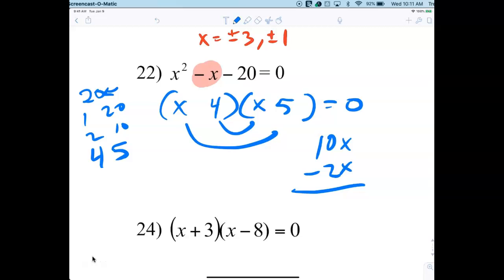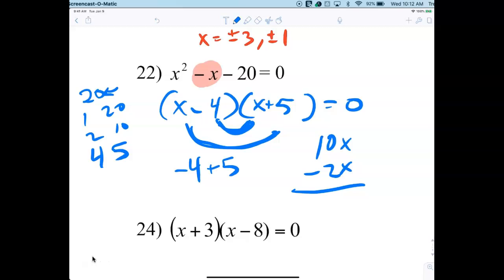Now, what do I need? I need it to be a minus x. Say it. Minus 4 and a 5. So now, if I do that, this becomes negative 4, and that's positive 5.